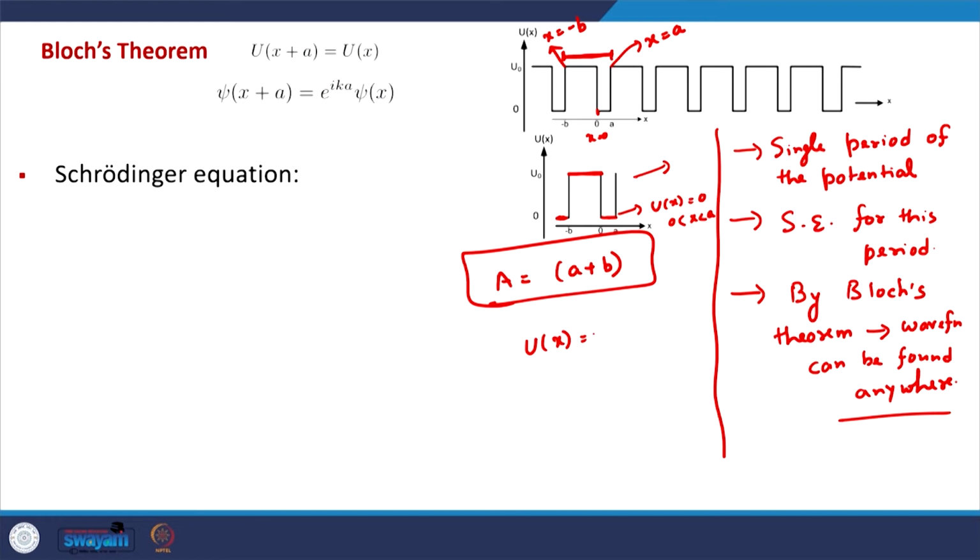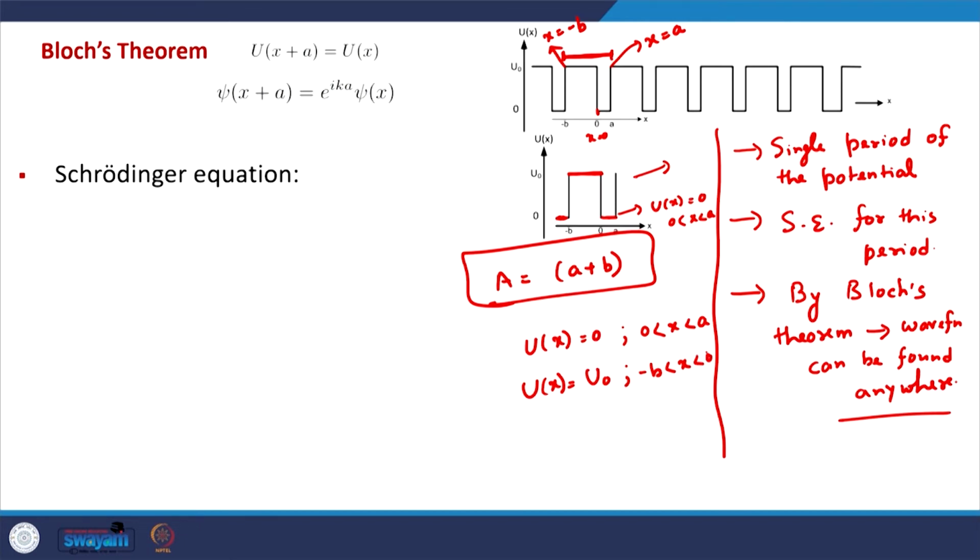So, U(x) is 0 for x between 0 and a, and U(x) is a constant u naught between minus b and 0.